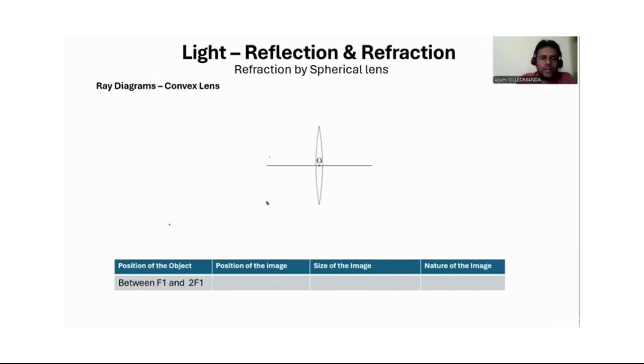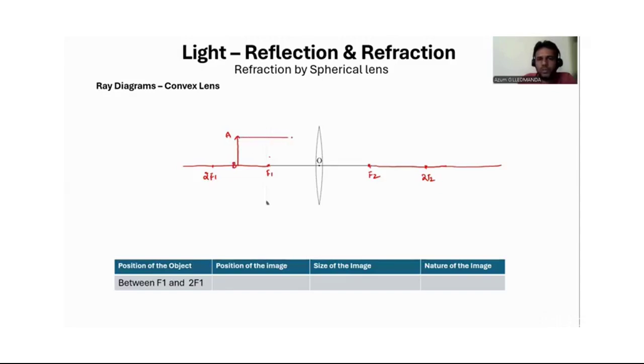Okay, now let's look at the next scenario. Here the object is between F1 and 2F1. Let's draw this. Let's indicate F1, F2. So this is F1 and this is 2F1, and this is F2 and this is 2F2. This is AB.